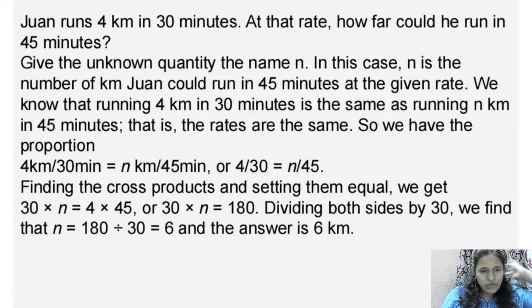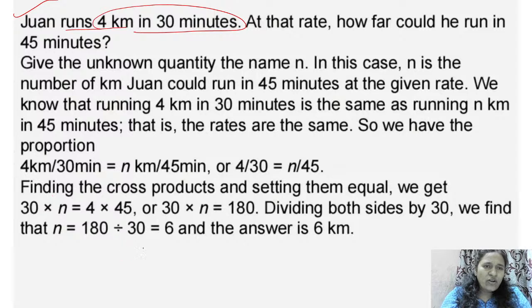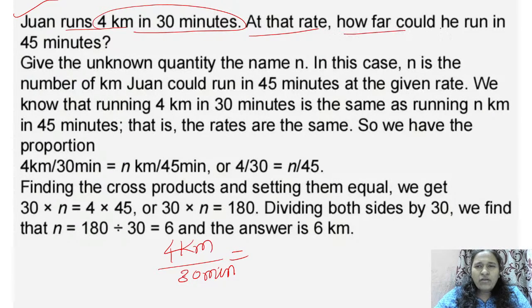Okay. Suppose here one question is given. Juan runs 4 kilometers in 30 minutes. One person, Juan, is running 4 kilometers in 30 minutes. Okay. This is in minutes and this is in hours. At this rate, how far could he run in 45 minutes? He is running 4 kilometers in 30 minutes.